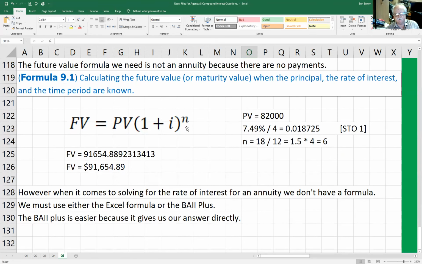We can calculate the future value by hand if we feel like it, but we can't solve the interest rate by hand. So as you can well understand, I'm going to recommend you calculate the interest on the BA2 Plus because it makes perfect sense. You get the answer you want, not an answer that takes you half an hour of struggling to work with.